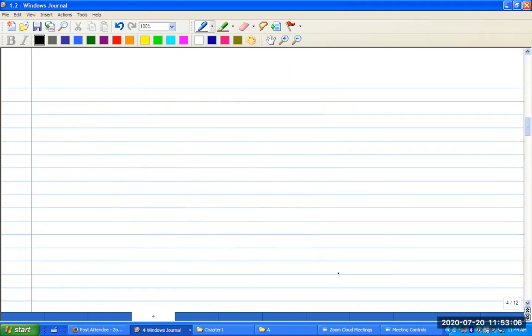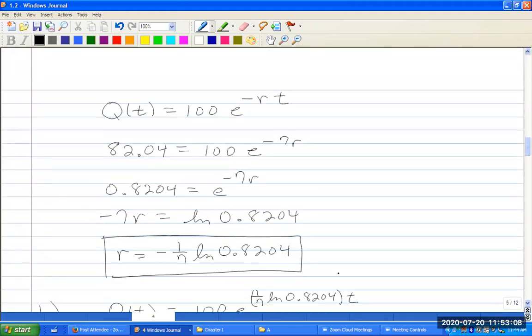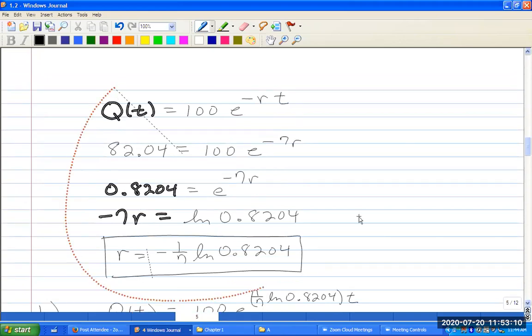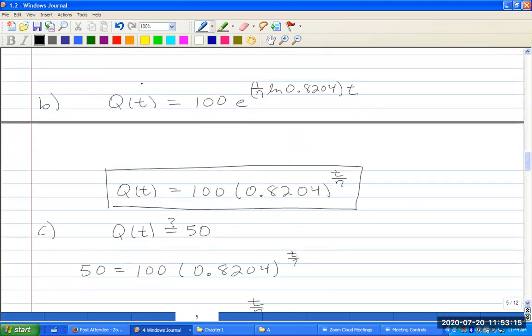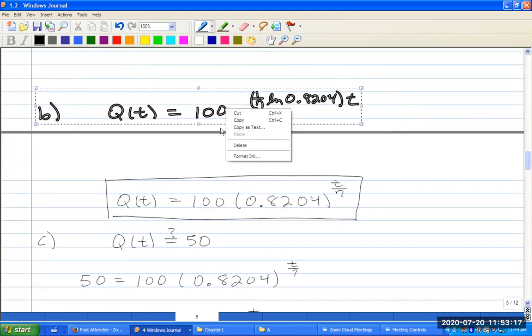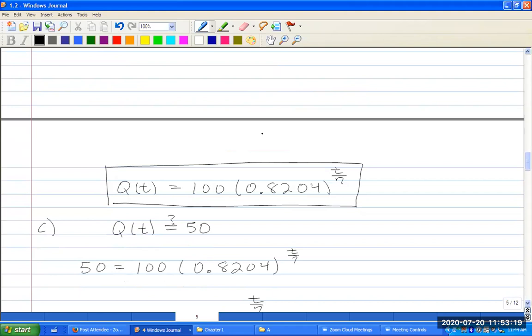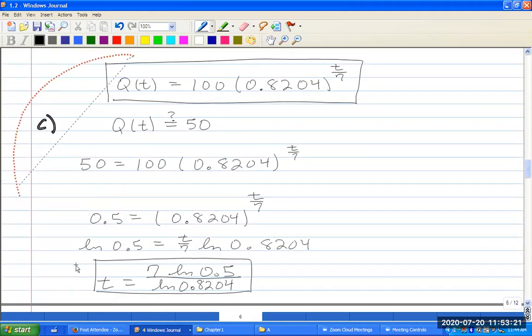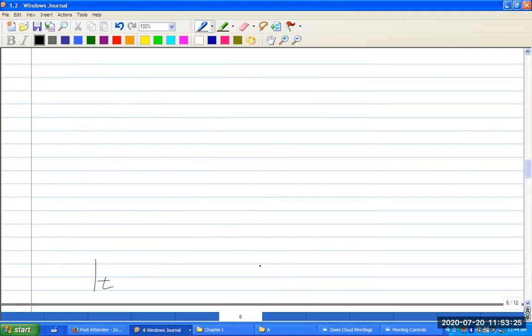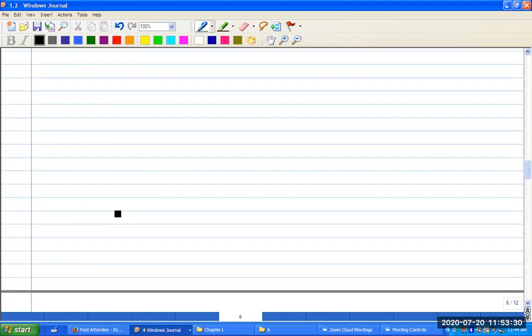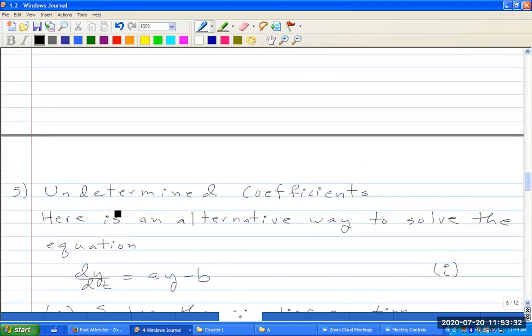So some techniques I'm going to introduce in this particular problem should be relatively obvious. We'll give a name to some of these techniques later. Well, it depends on if we start the chapter on first order equations.